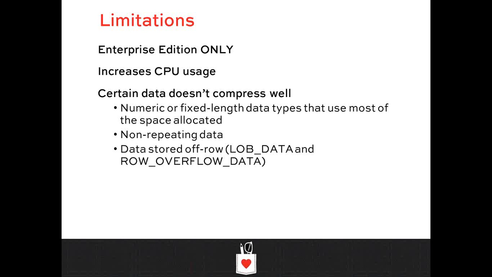If you have a varchar(100) column and on average you're using up 90 out of those 100 characters, you're not going to get a ton of compression. There's just not a lot to get rid of there. If you don't have a lot of repeating data, you're not going to do very well. And LOB data, anything that's off page, won't be compressed down either.